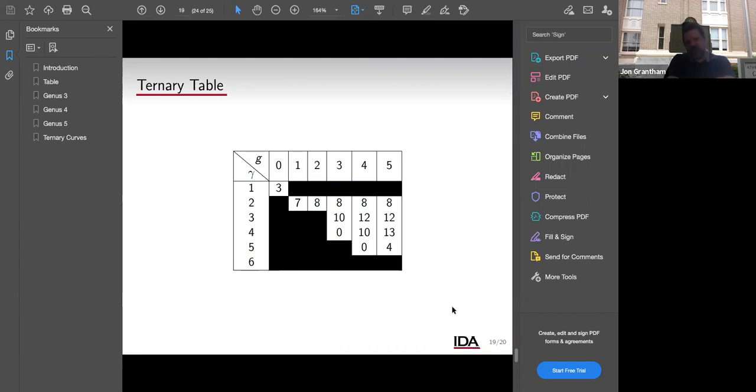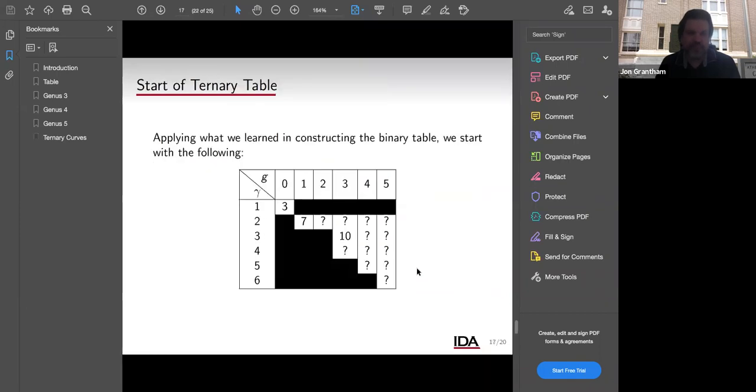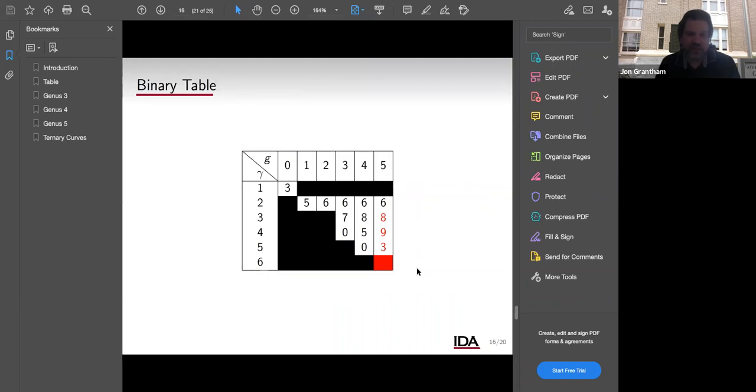For 3 and 5 you see it, and for 4 you don't. And then the binary table here, well, the same thing, honestly, in terms of the genuses. And I think at the time I gave this talk, we did not have the quaternary stuff done, so that would be in the paper.